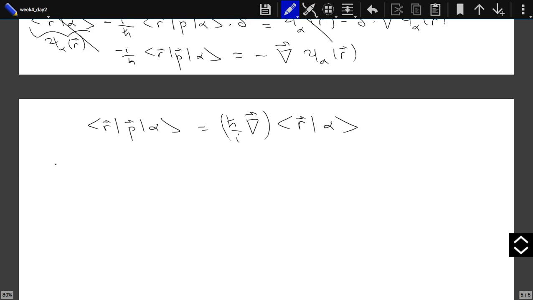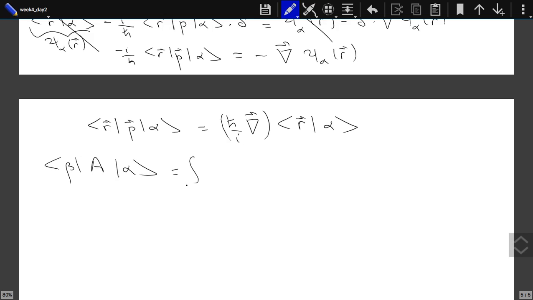Well, let's look at some operator A. Let's look at its matrix elements. What will it look like in position space?